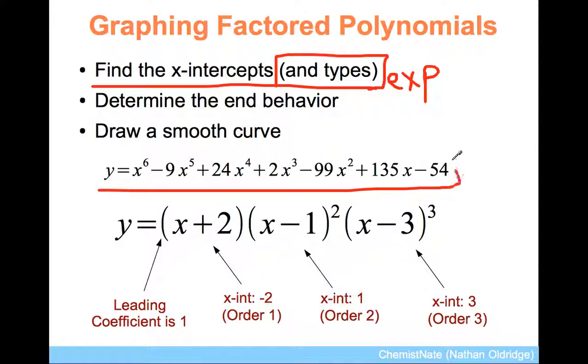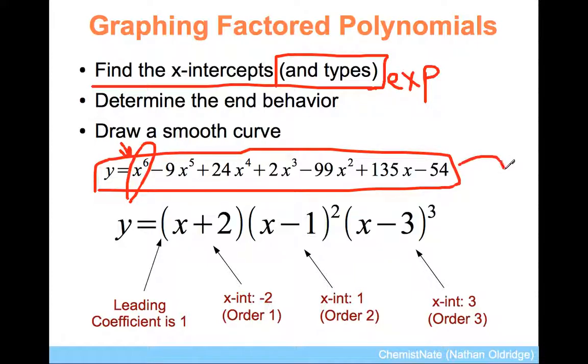Here is the function I want us to graph. It has a degree of 6 with a leading coefficient of positive 1. If we factor it, and factoring these is unit 2, not unit 1, so you'll have to be given this in unit 1, the x-intercepts are negative 2, positive 1, and positive 3.